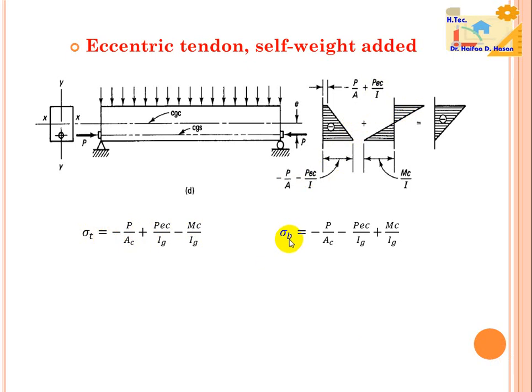And the stress in the bottom fiber equals negative P over A minus PEC over I plus MC over I, due to tension stresses in the bottom fiber, where M here is the self-weight moment, M dead.